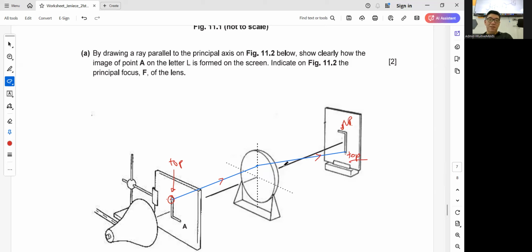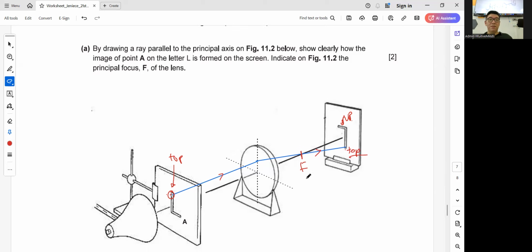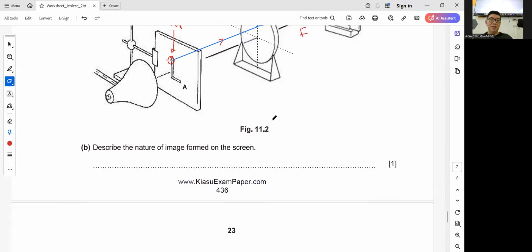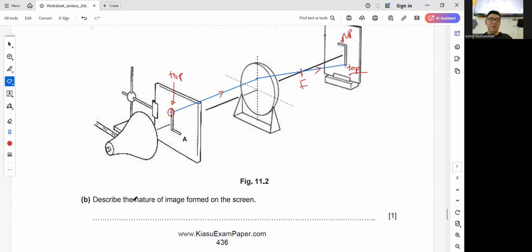Okay. So from here, you can simply get the focal point or the virtual focus. Okay. So draw a light ray. We're done with this.